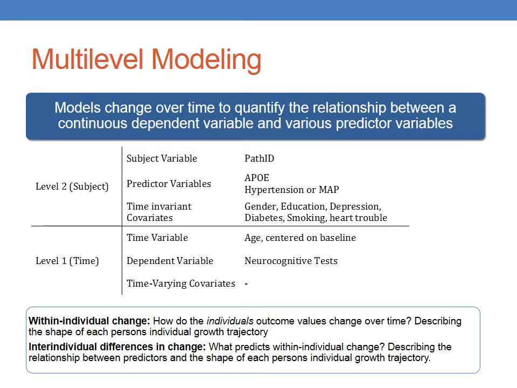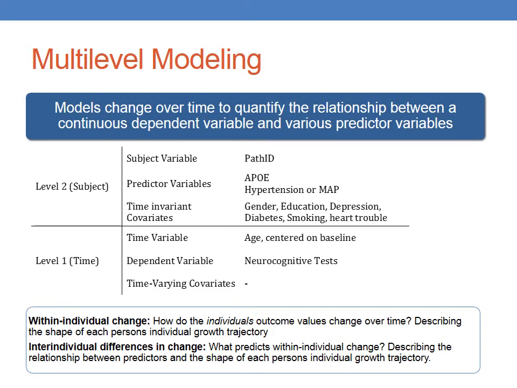So when you put the PATH data into a schematic that represents multi-level modeling, you get the schematic up on the slide here. So at our level 1 we have our time variables, so this is age, and our neurocognitive tests. Whereas at level 2 we have our subject-specific variables, so our predictor variables ApoE, hypertension, and mean arterial pressure, and our covariates.